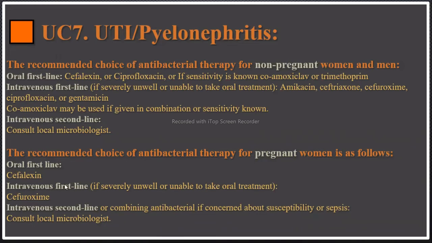Remember that. I know these guidelines are difficult to memorize the first time, but if you make notes on paper, it will be easy for you. And at least remember the first one or second one. Intravenous second line, or combining antibacterials if concerned about susceptibility or sepsis: here, consult local microbiologist.